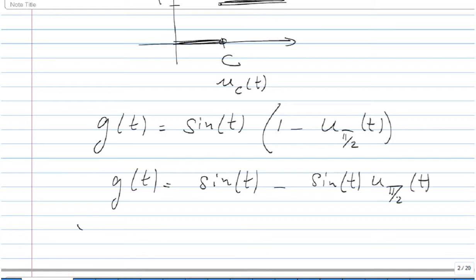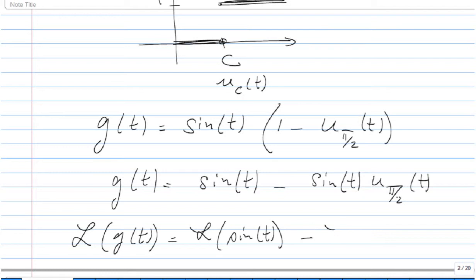So the Laplace of g of t is going to be the Laplace of sine of t minus Laplace of sine of t u pi over 2 of t.